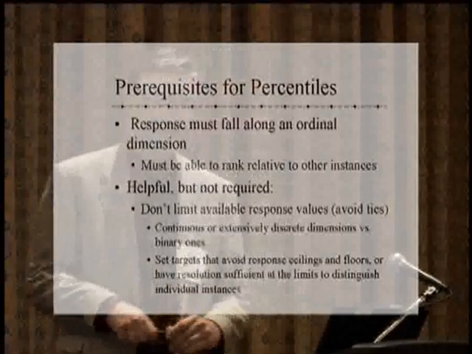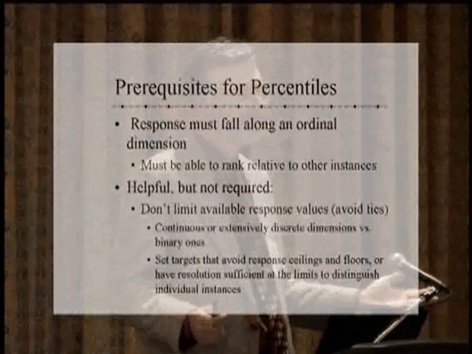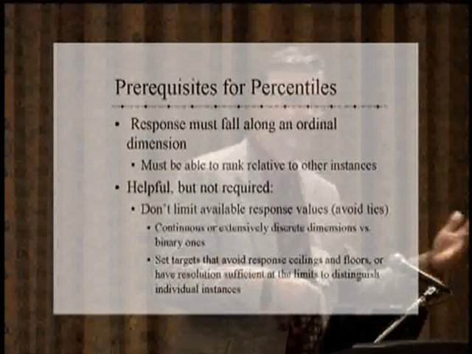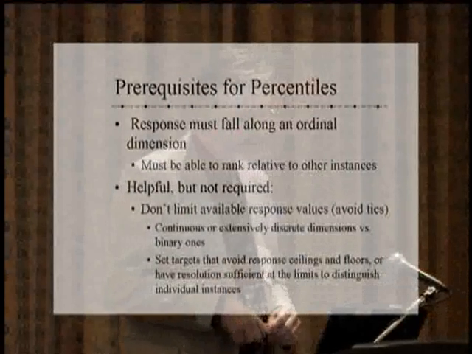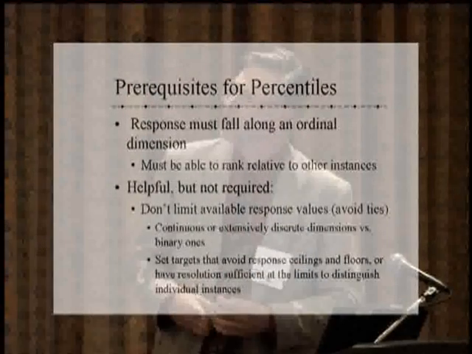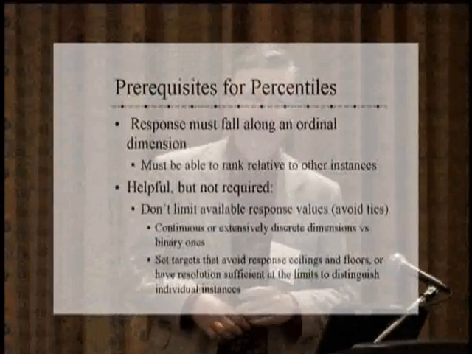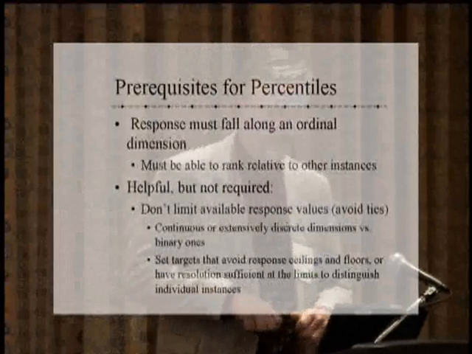That's basically, in a nutshell, how percentile schedules work. The prerequisite for percentile schedules is very simple. The response has to vary along an ordinal dimension. You have to be able to rank responses relative to other responses. It is helpful, but not absolutely required, that you also not artificially or otherwise limit available response values.